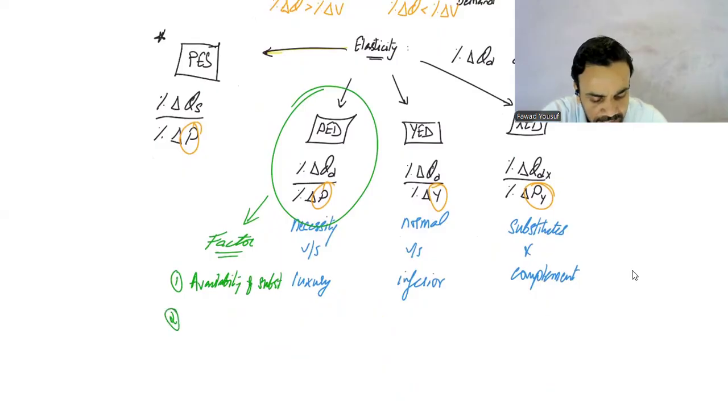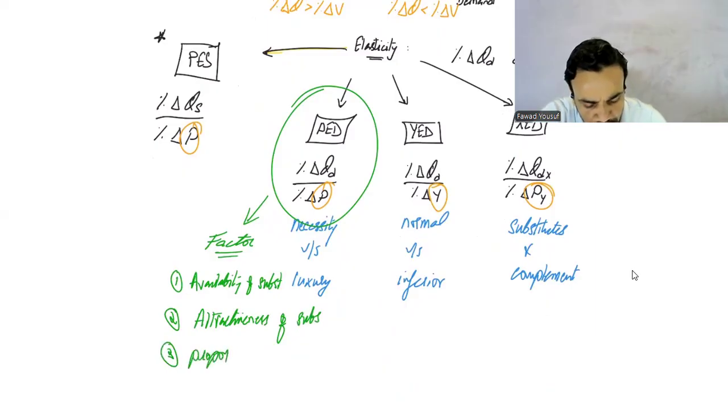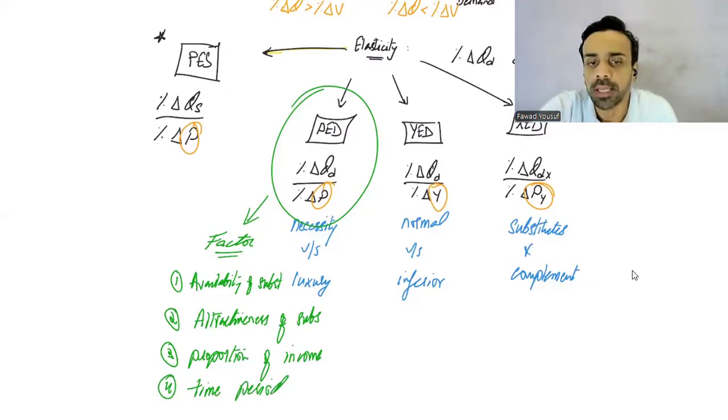Second is the attractiveness of substitutes. The third is the proportion of income a good takes. And the fourth one is time period. If you want to write about more, be my guest. There are plenty more that you can talk about.